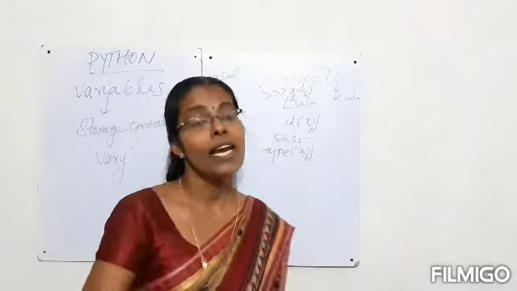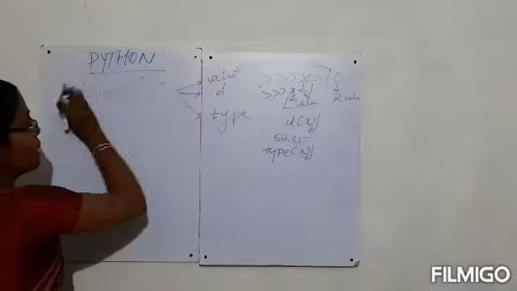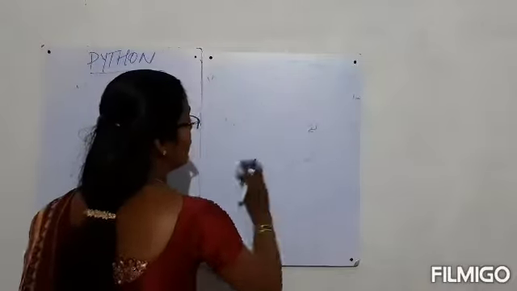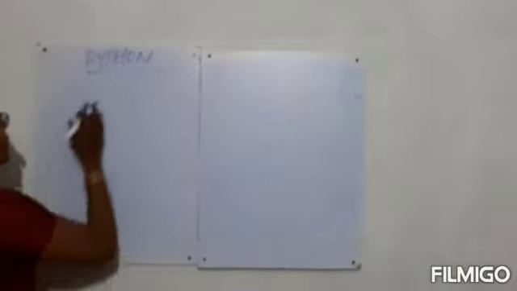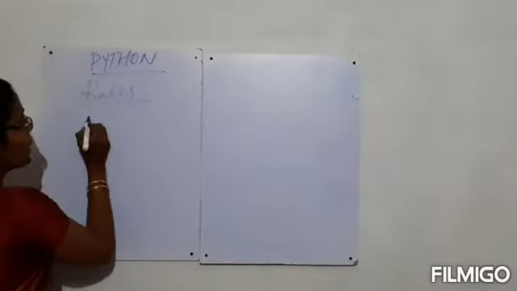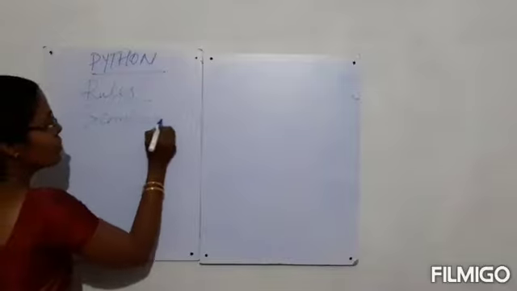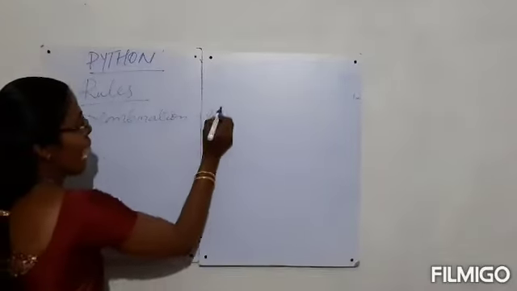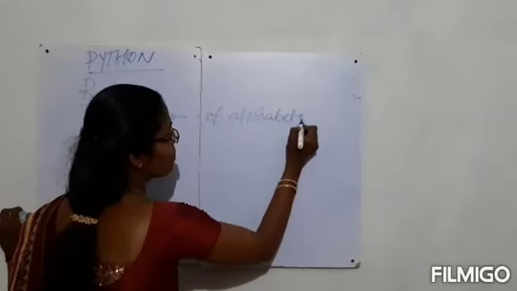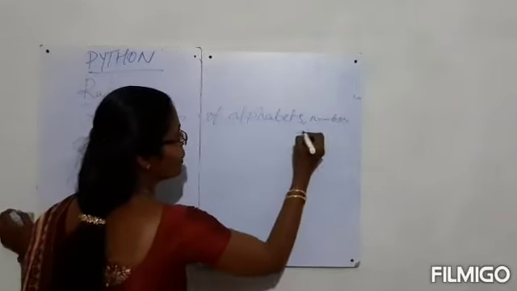Then how can we define variables? Some rules are there for naming variables. It can be a combination of alphabets, numbers and underscore.